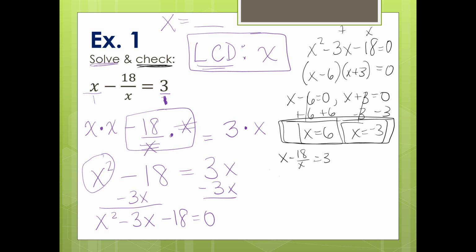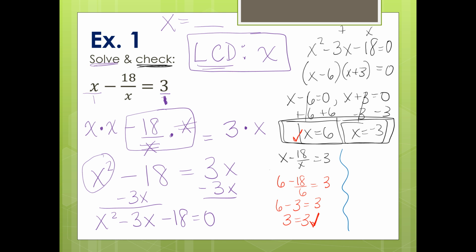So 6 minus 18 over 6 equals 3. 18 divided by 6 is 3, so 6 minus 3 equals 3. So we're asking ourselves, does 3 equal 3? I hope you know that it does. So we plugged in 6 and it worked.